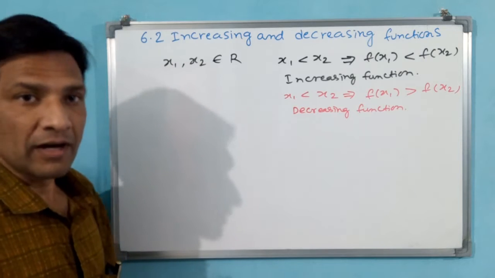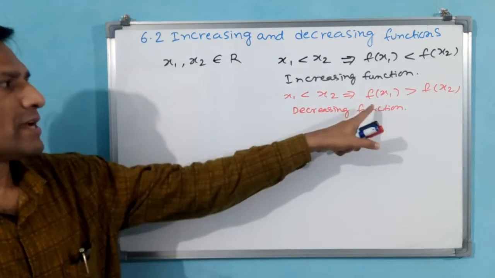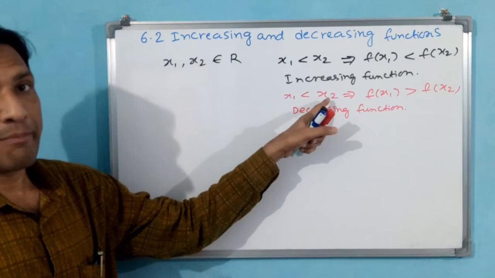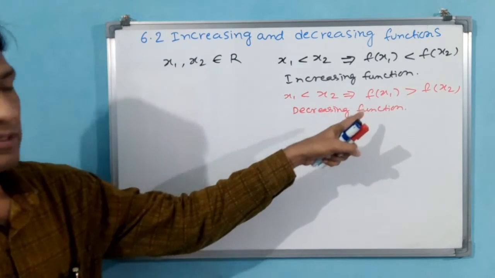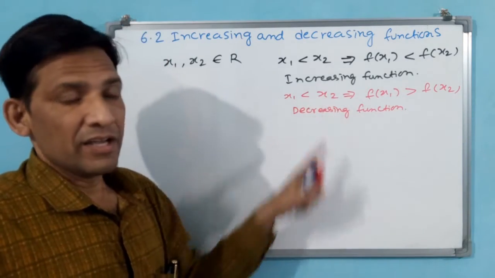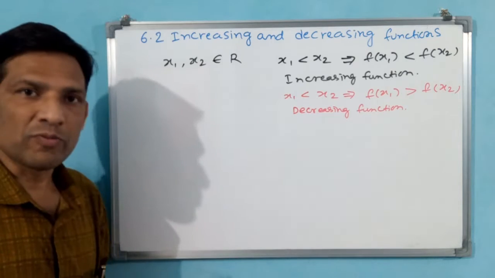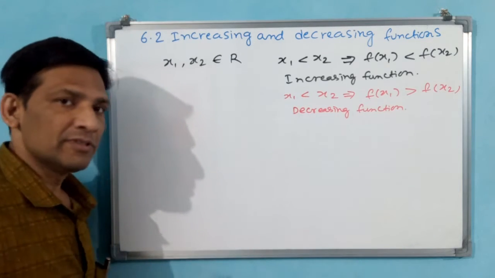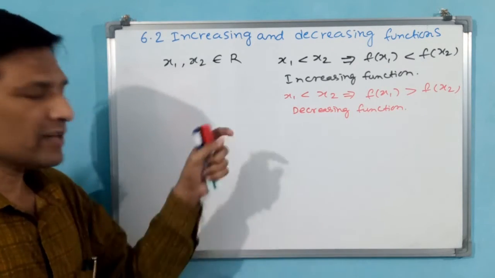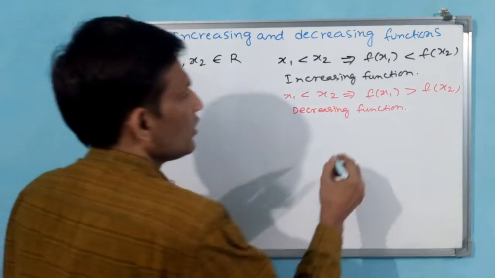You understand now? See, you have given some input, output has come. Again, you have increased the number and given input, but the output has decreased rather than increasing. Increased input and reduced output. Increased domain and reduced range. If that is the case, automatically that function is going to be called a decreasing function. Okay. You see one graph.